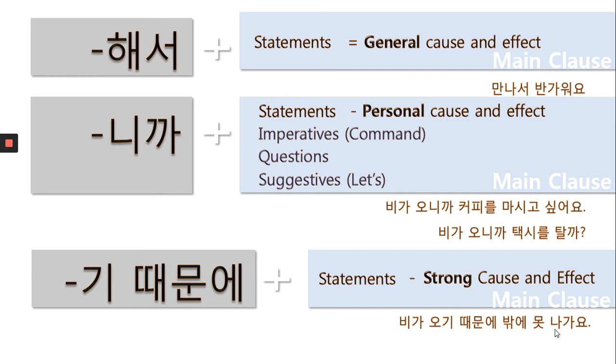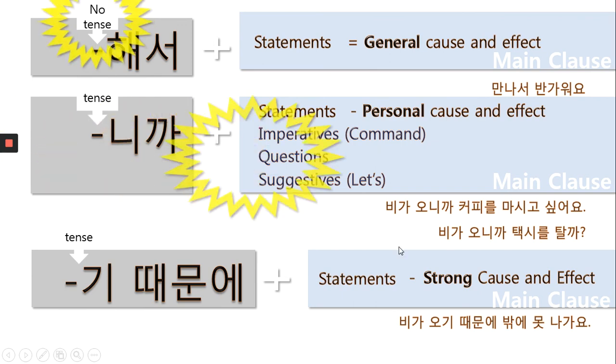So it's hard to judge clear cut, but there is a good way to distinguish. So look at this. What is the obvious characteristic of 해서? It is this one: no tense. Okay? So when in front of 니까 and 기 때문에 we need tense. But when there is no tense, definitely 해서. Okay? How about 니까? The characteristic of 니까 is this one.